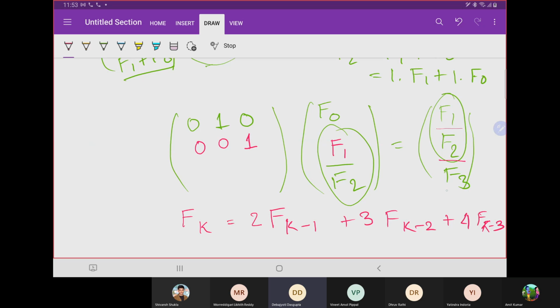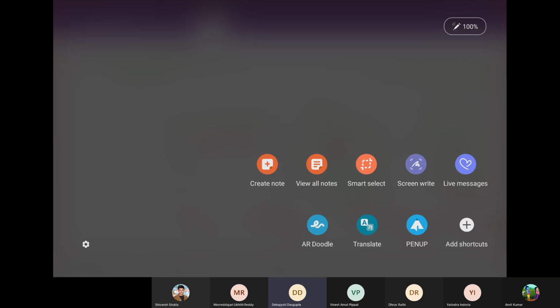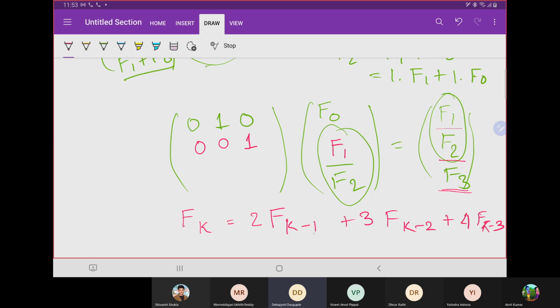So now see that I am finding f of 3. So f of k minus 1 is basically 3 minus 1, that is 2. So I am saying that I need to multiply 2 with f of 2. So 2 will come in the third row, so I will place 2 here. Similarly, I want to multiply 3 with 3 minus 2, that is 1, f of 1. So I will put 3 here. And similarly, I want to multiply 4 with f of 3 minus 3, that is f of 0. So I will put 4 here.